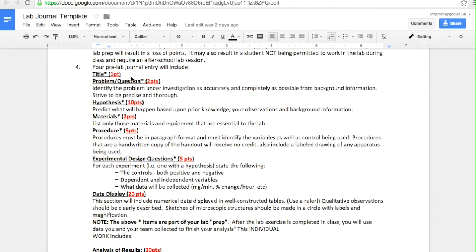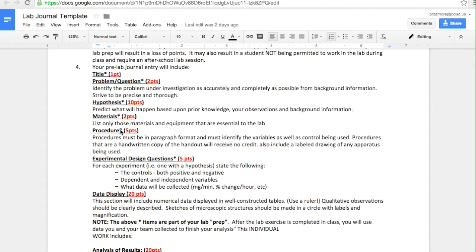The template starts off with a title, followed by a problem or question that we are trying to answer. After a problem or question comes a hypothesis, which is your possible answer to that question. After hypothesis comes materials. Materials are to be listed in bullet fashion.